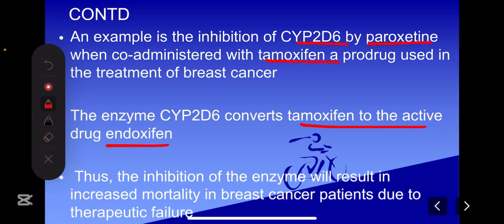But when you give paroxetine with tamoxifen, paroxetine prevents cytochrome P450 2D6 from performing its action, and as such, tamoxifen will remain in the body and not be converted to endoxifen. Do you get it now? That can increase the mortality rate of a woman with breast cancer, because her drug is not being converted to the active form. It remains in its inactive form.